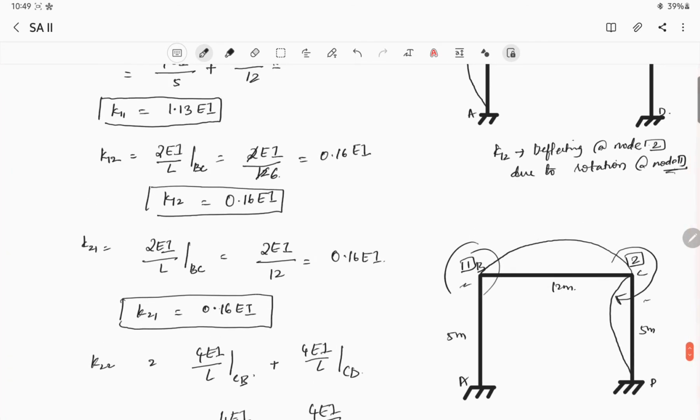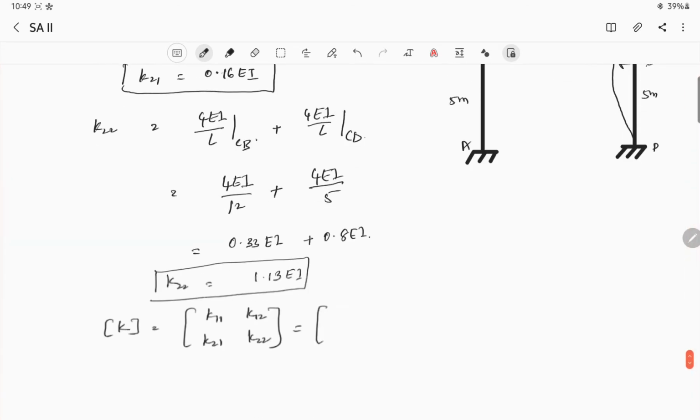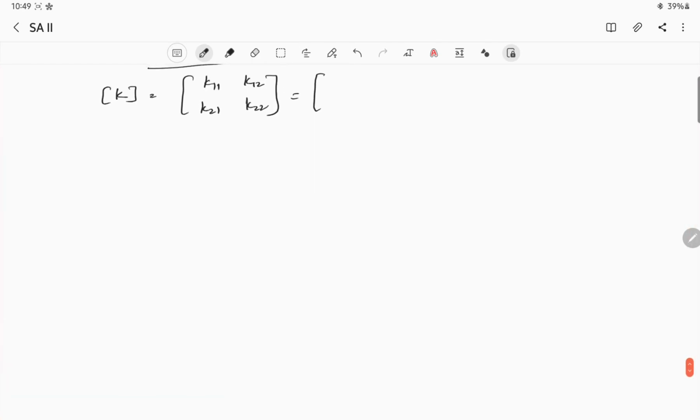That is, the stiffness matrix K is equal to K11, K12, K21 and K22. This is my stiffness matrix. What is the value of K11? K11 is 1.13 EI.